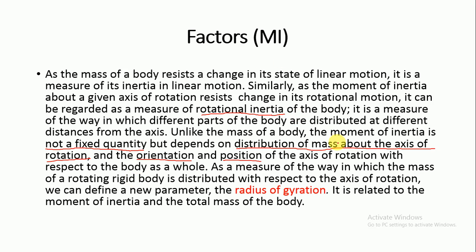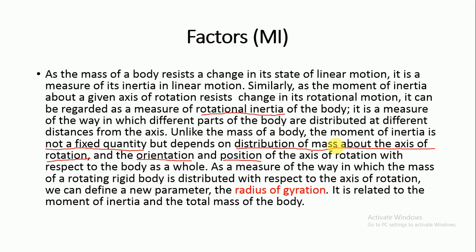Distribution of mass about the axis. For example, if I am having a metal and I am making a solid sphere, or a hollow sphere from the same metal, or a ring, or a rod, and the quantity of the metal remains constant, the mass of all these objects would remain constant.